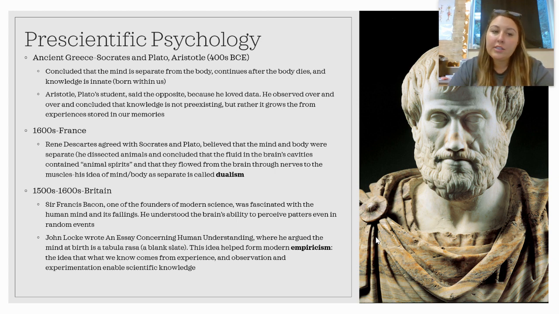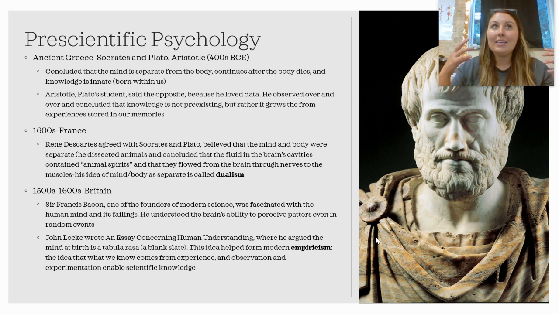Then in the 1600s in France, René Descartes went back to this idea of dualism, which is what Socrates and Plato believed in: the idea that the mind and the body are separate. Now, religious beliefs might tell you that the mind and body are separate, and that's totally good to think.